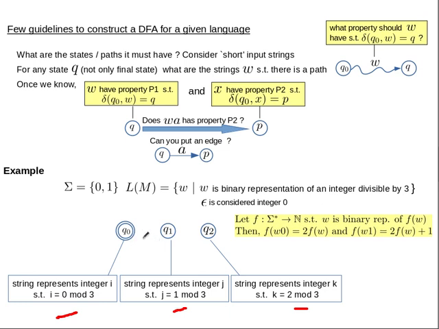And then you try to put the arrows, and that is completely determined by this. You know that if you are here, so f of w is already divisible by 3, and if you put a 0, then f of that thing will also be divisible by 3. So there should be a transition on 0 which comes back to this place.